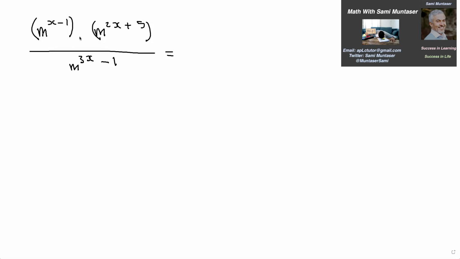So the first thing I'm going to do, the top, multiply these two, and then see what I'm going to get. So basically, this is going to give me m, and you're adding exponents. So x plus 2x is 3x. And then negative 1 plus 5 gives you plus 4, to the power of m to the power of 3x minus 1 on the bottom, sorry.